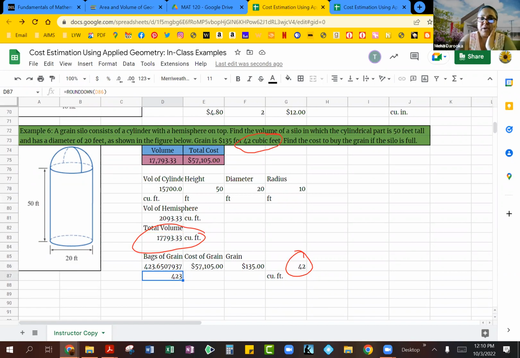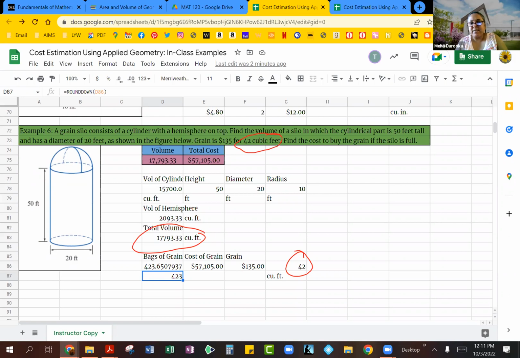And then the reason we are rounding down is because this is a concrete structure, right? So you cannot put more than what the capacity is in there. So if we try to do 424 bags of grain, you can only get 0.65 of that last bag in there, right? Again, you will not be able to do the remaining.